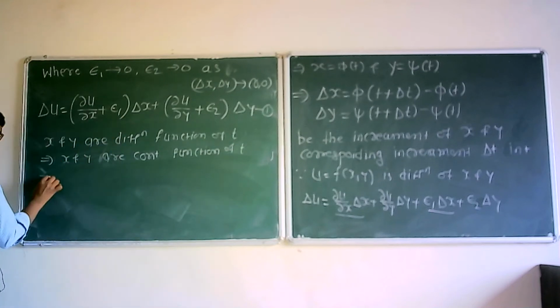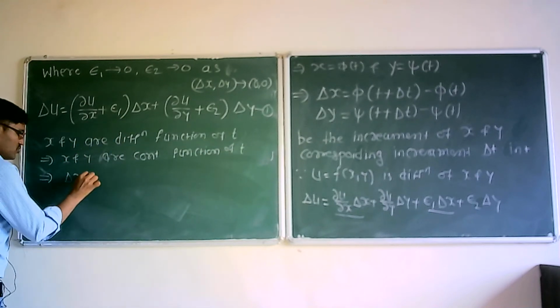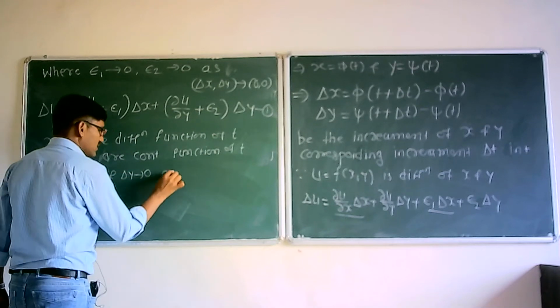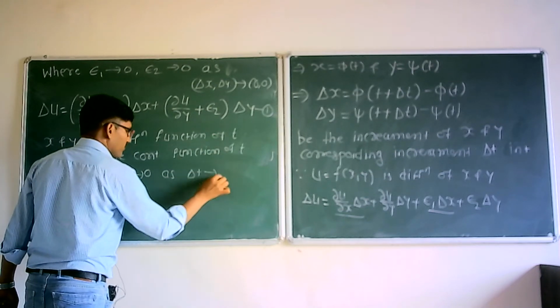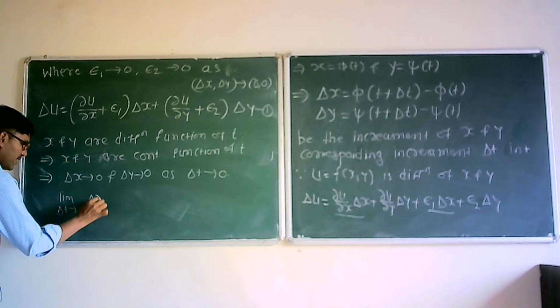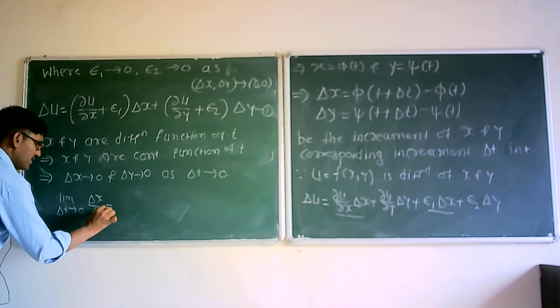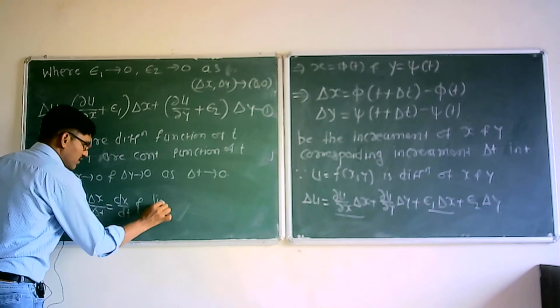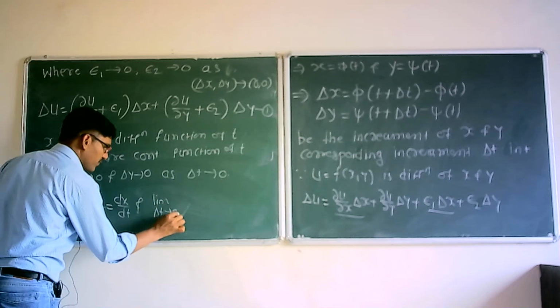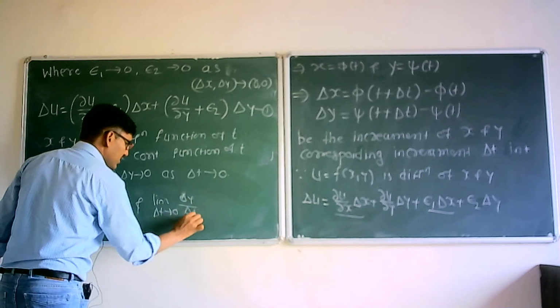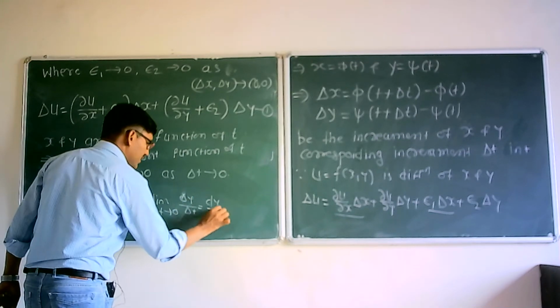That is, delta x tends to 0 and delta y tends to 0 as delta t tends to 0. Also, the limit as delta t tends to 0 of delta x divided by delta t is equal to dx by dt, and the limit of delta y by delta t is equal to dy by dt.